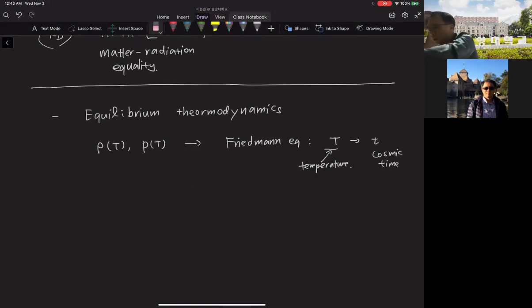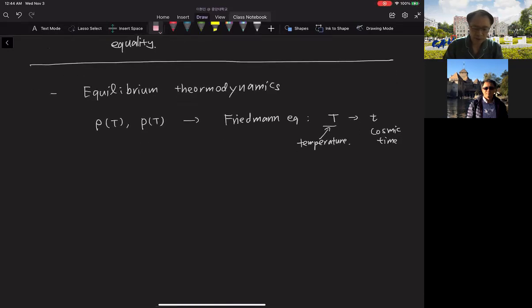Initially, the number density of particles is very large because the universe is so small, so the distances between particles are short. They interact more often and are in thermal equilibrium.